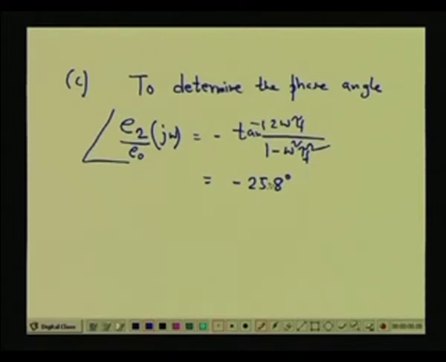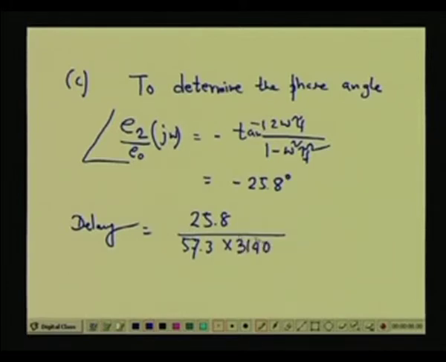So, the phase angle will introduce a delay which can be computed as: the delay it will produce will be given by 25.8 upon 57.3 into 3140, which is equal to 144 microsecond. Okay. These are all the solution to the problem number 21.1.